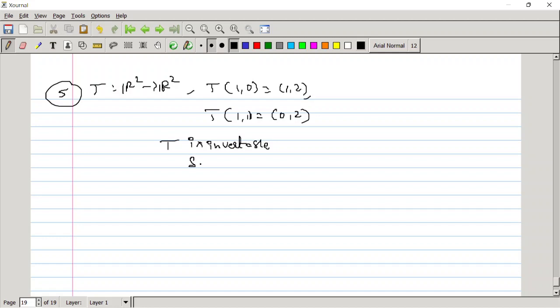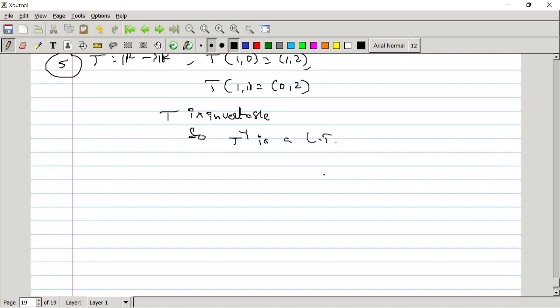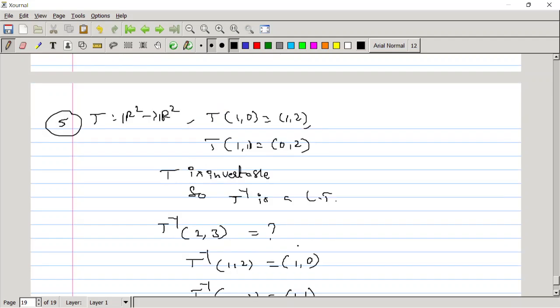So we can say T inverse is also a linear transformation. It is asked to calculate T inverse of (2,3). From the given conditions, T inverse of (1,2) equal to (1,0) and T inverse of (0,2) equal to (1,1). I am just applying T inverse on both sides of these two equations.